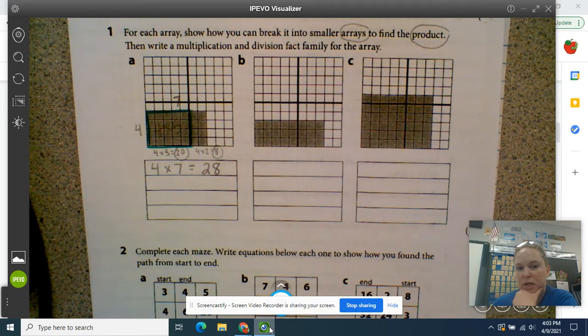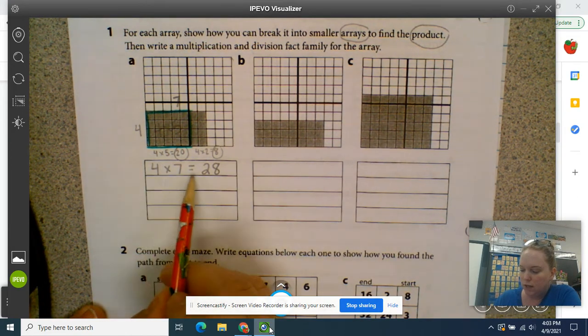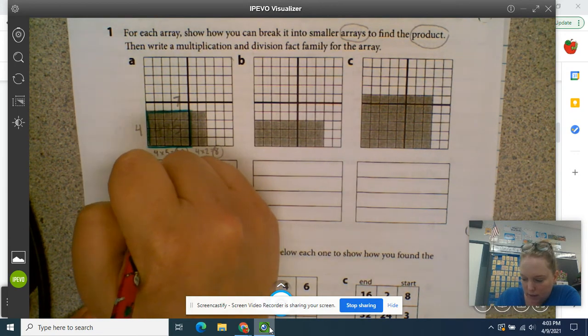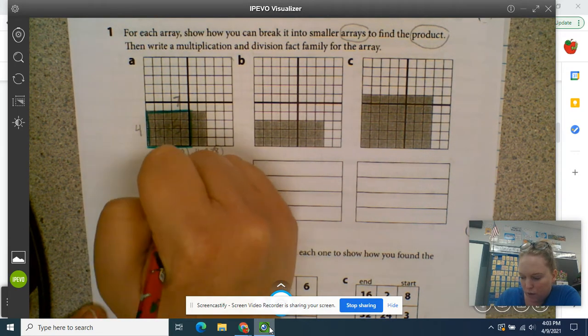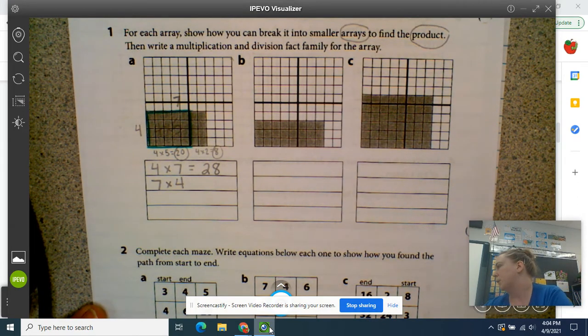Okay. Now we have to write a multiplication and division fact family. Well, the way you do that is you take your multiplication equation and you flip-flop it, because we know that that works for multiplication problems.